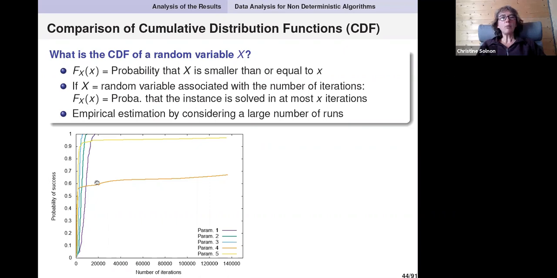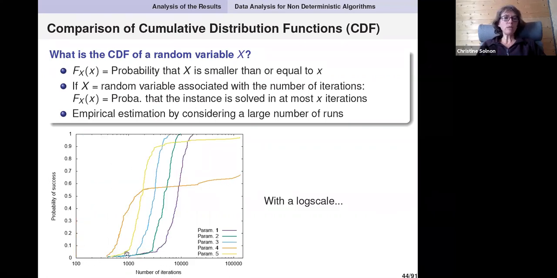So I can plot this function, and I have done it here for our 5 parameters. Here it is done with linear scale, and I can also use a logarithmic scale, which allows me to better understand what happens at the beginning of the runs.